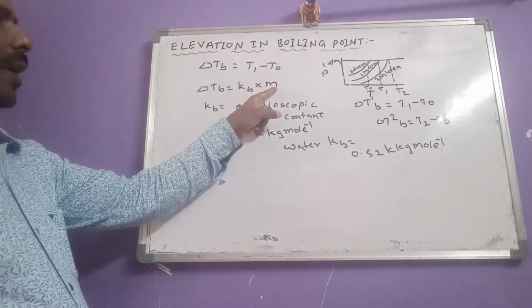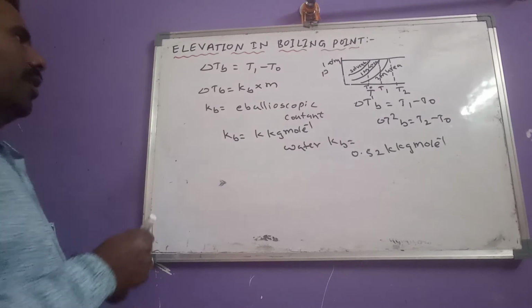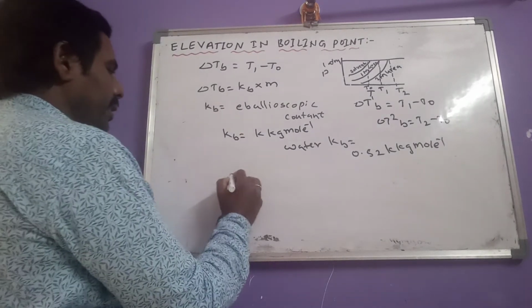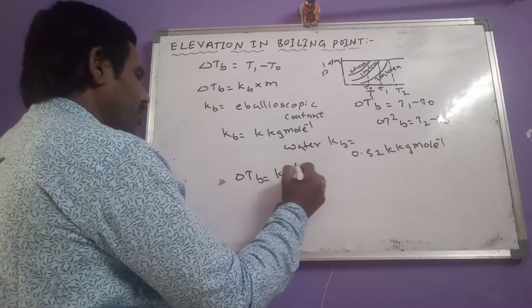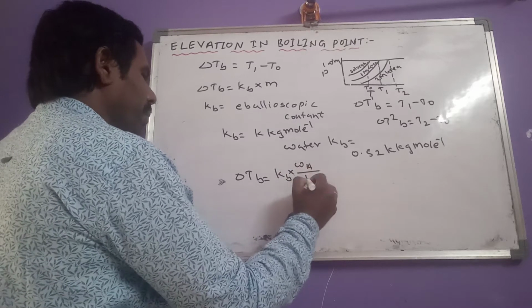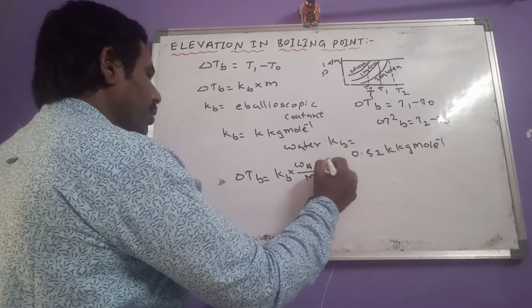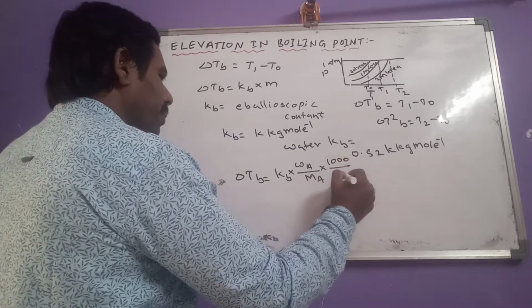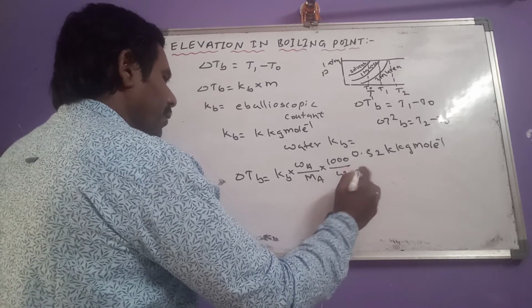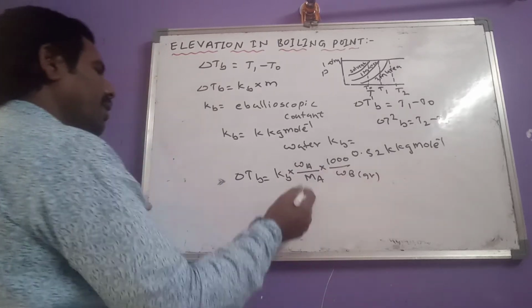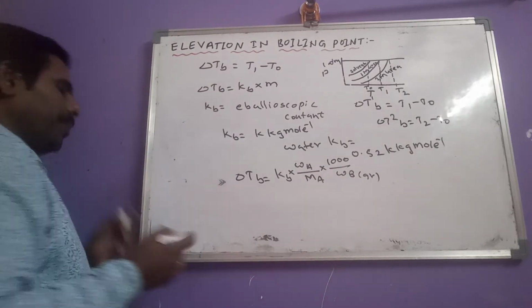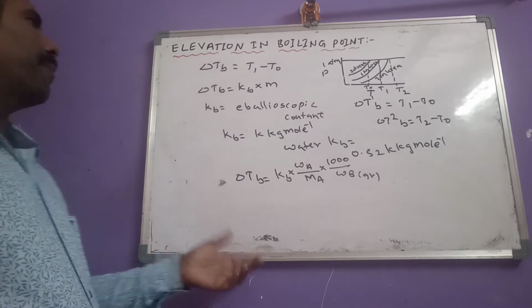And we can expand this molality expression also. Here, delta TB equals Kb into weight of solute by molecular weight of solute into 1000 by weight of solvent in grams. So this is the full expression for elevation in boiling point.